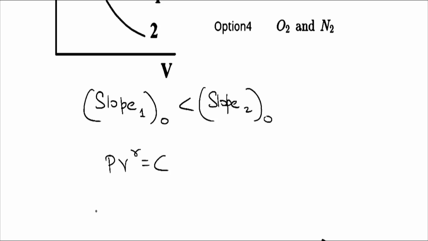If we differentiate both sides, we get dP into V to the power gamma plus P into gamma into V to the power gamma minus 1 into dV.